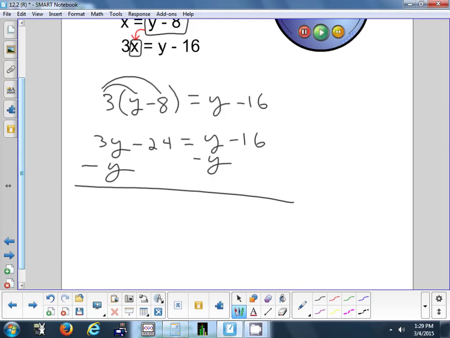Like 5 take away 5 or 3 take away 3, it cancels out. And on this side, 3y take away 1y leaves you with 2y. We still have that minus 24. And on the right-hand side, we still have negative 16. Good.